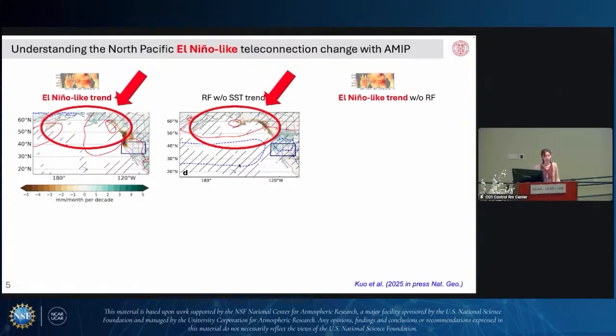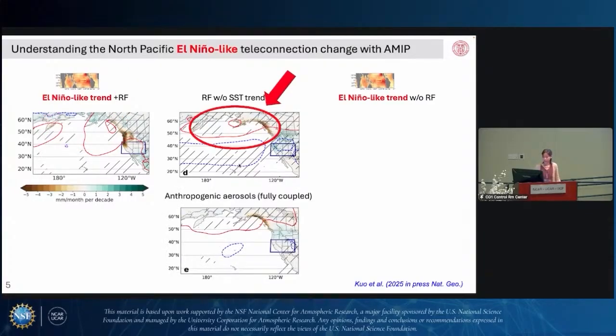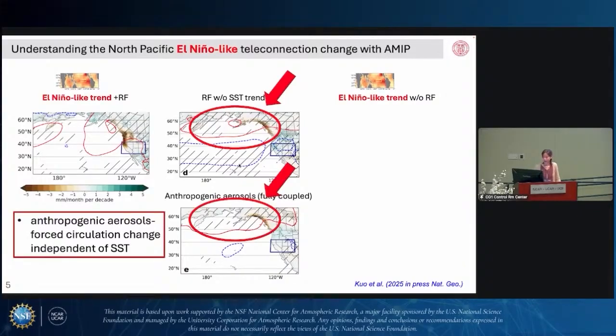And we compare that with the CESM2 single-forcing large ensemble, the aerosol-only simulation. We identify anthropogenic aerosol as the main driver for the northern North Pacific circulation change. And this is independent from the SST.